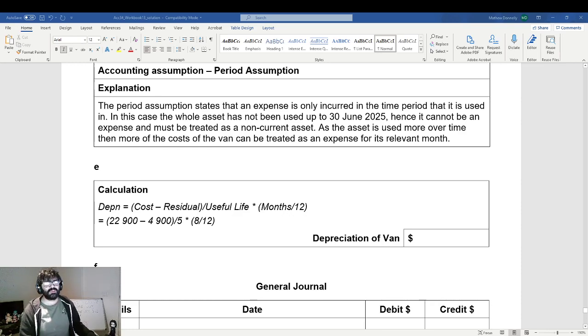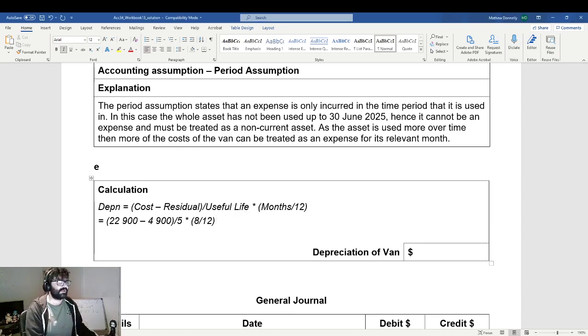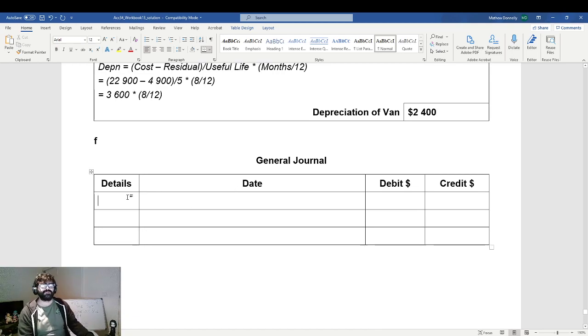So it's a year, 3,600 divided by 12 multiplied by 8 should give us 2,400. So that's our depreciation of van.